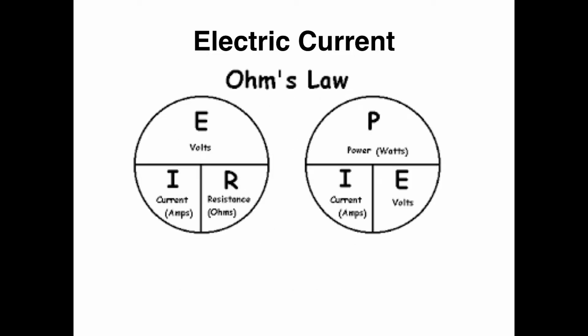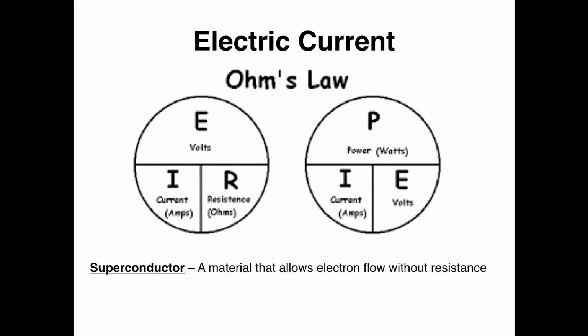So let's talk about one of the more important laws in electrical current, and that is Ohm's law. As I said before, a superconductor is a material that would allow electrical flow without resistance.